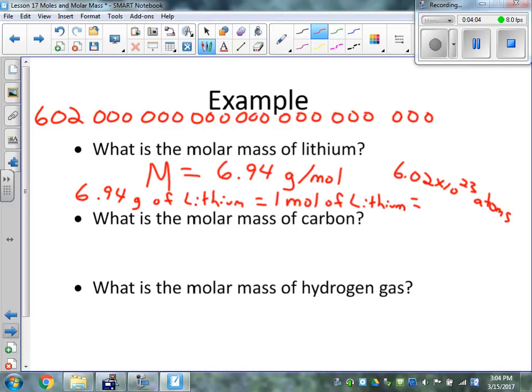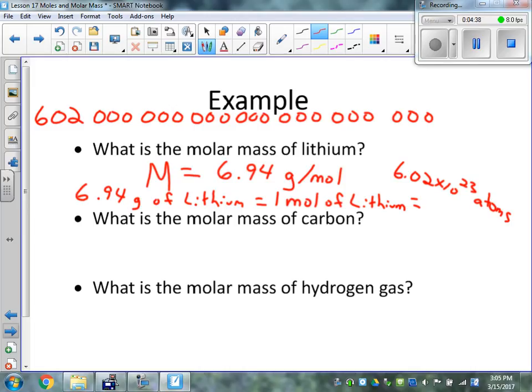Don't make any plans for the rest of your life, because it would take a long time to count the number because it's really big. Listen. If you took 602 with 21 zeros, if you took this many lithium atoms and you decided, hey, I counted them all out, I put them on the scale, it would read 6.94 grams. That's what it means, basically.